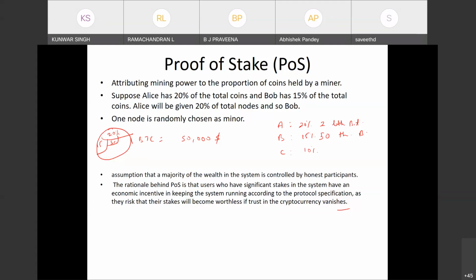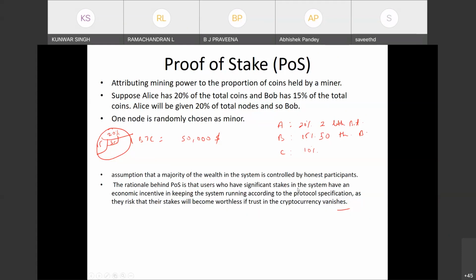You will be the big loser. So the rationale behind proof of stake is that those who have a significant stake in the system have an economic incentive to keep the system running according to the protocol.